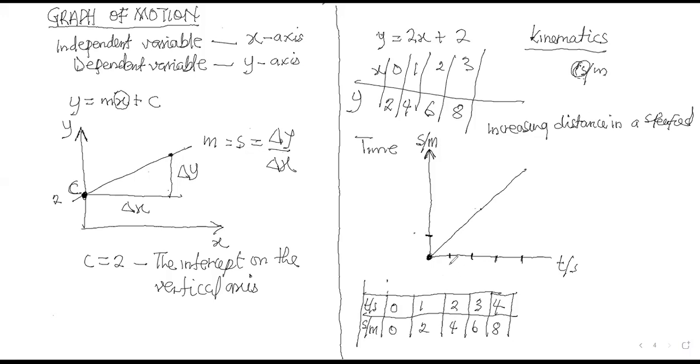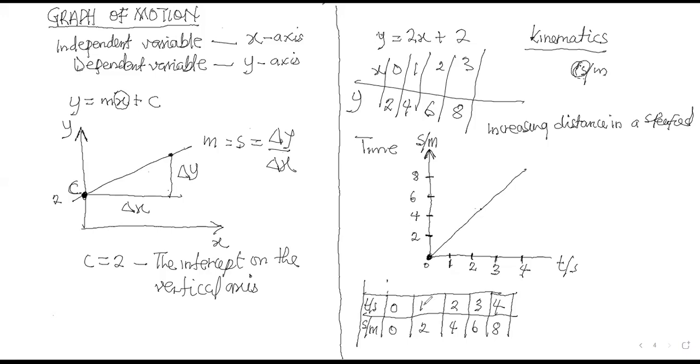And this is 1, 2, 3, 4. Of course, this is the point 0, 0. And we have 2, 4, 6, and this is 8. So at time 0, this is it.